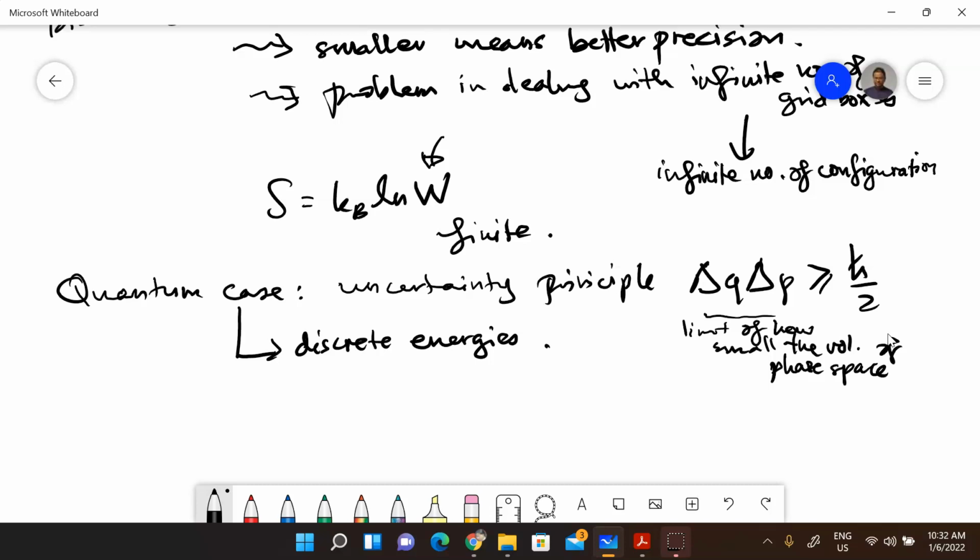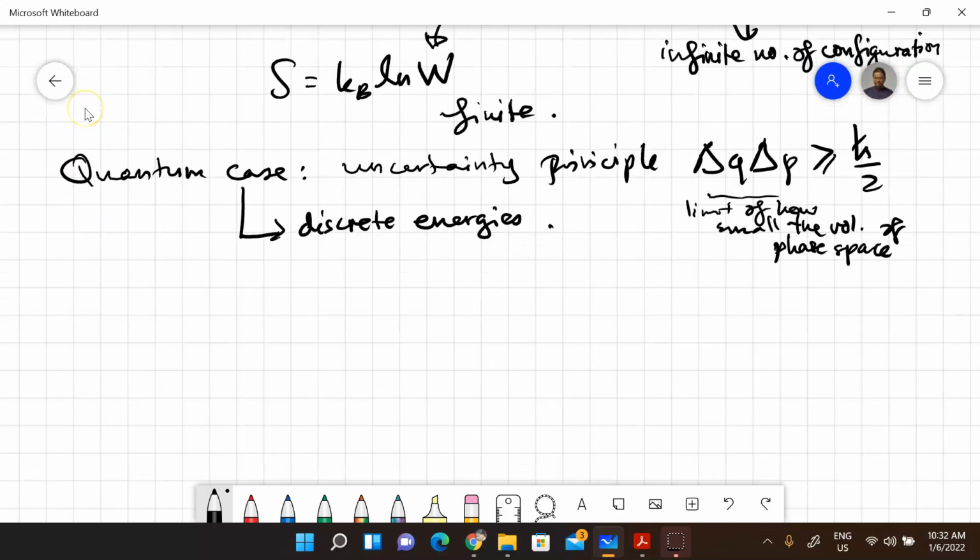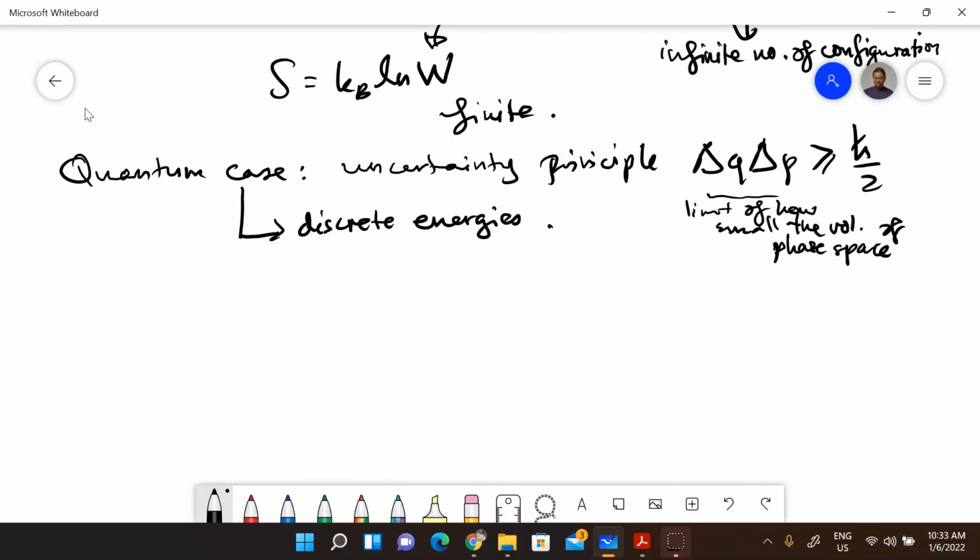So in the classical case, how does the partition function look like? Let me try to do this in a simple way, I suppose. Your partition function should really come from the grid boxes that you're supposed to have. So Z is given by the following.